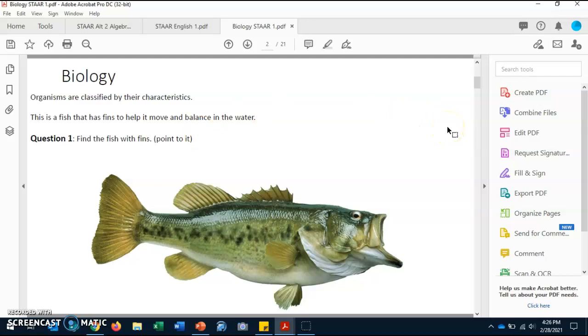Question number 1 says, organisms are classified by their characteristics. This is a fish that has fins to help it move and balance in the water. Find the fish with fins.